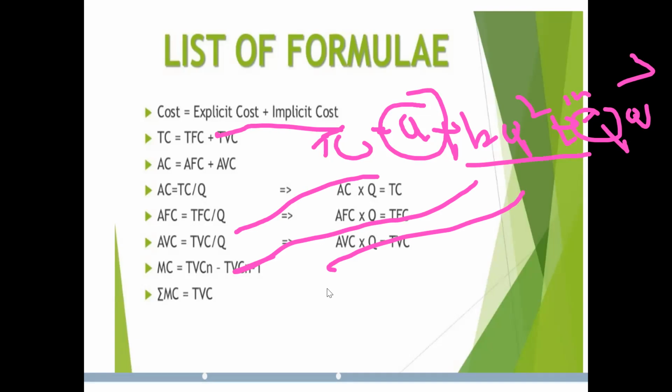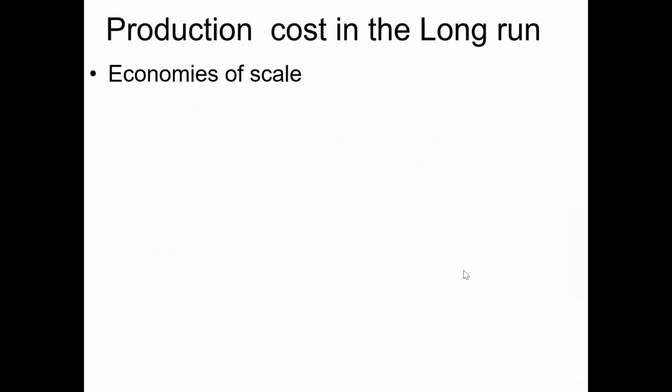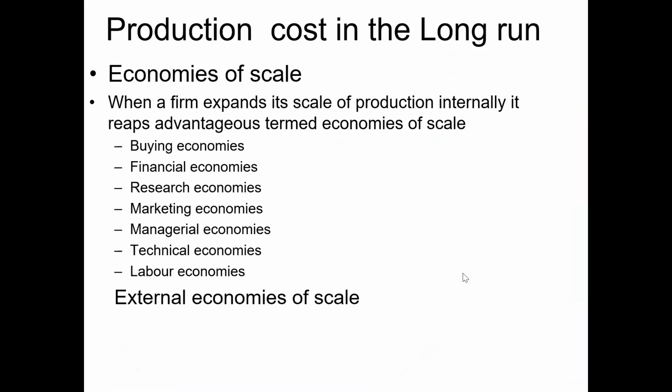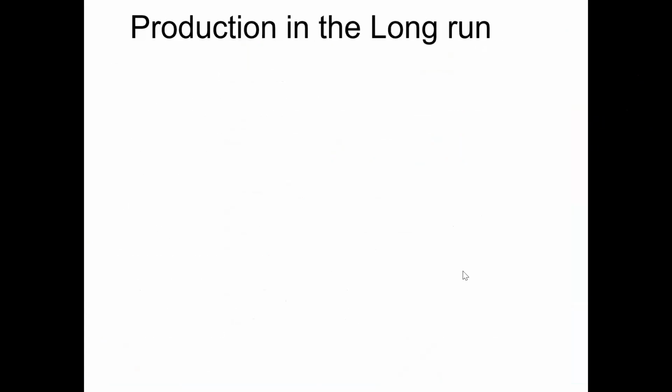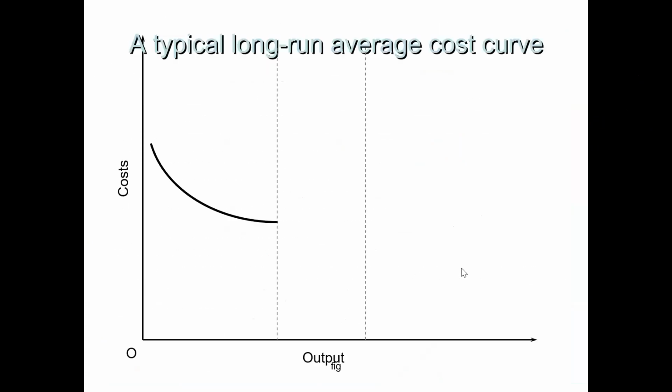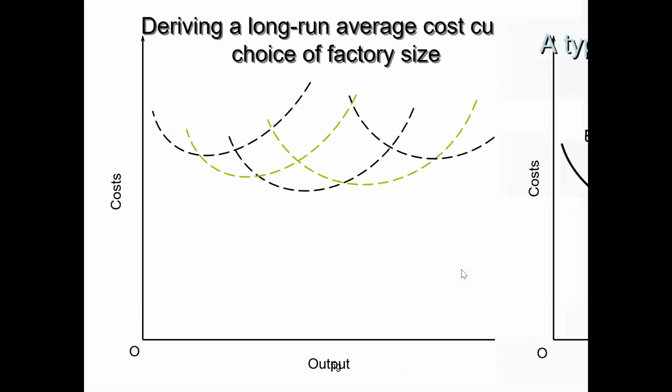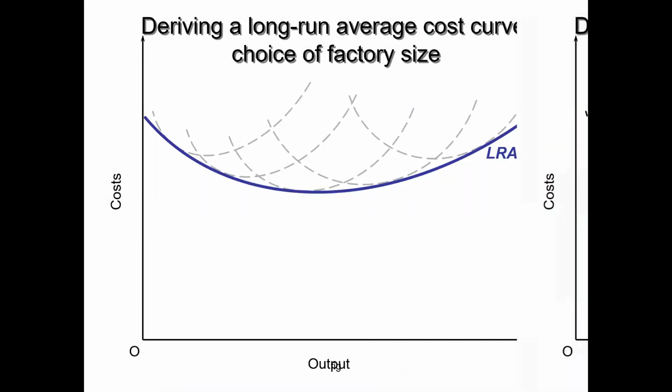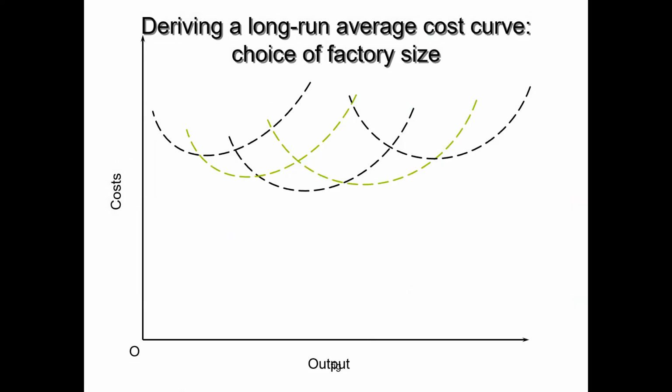Then if we consider the long run, the long run cost curves also take a U shape. Why is that? If we draw the long run cost curve, you can see that it covers all the short run cost curves.